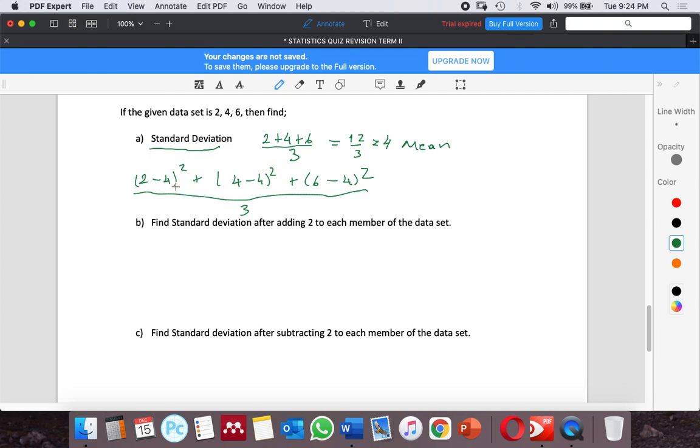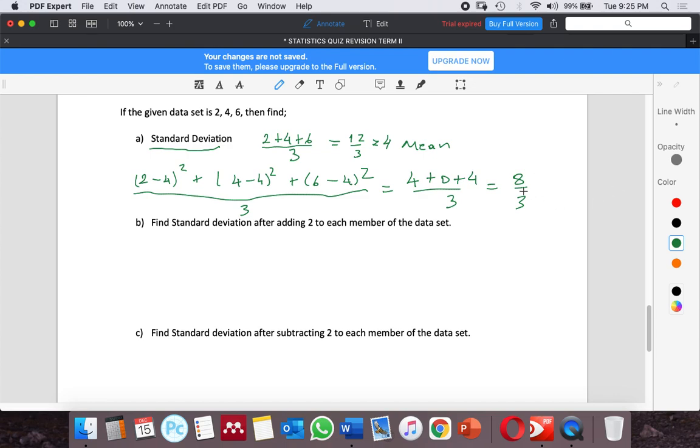And then this result: we can calculate 2 minus 4, negative 2, to the power of 2 will be 4. And this is 0. And this is 6 minus 4, which is 2, squared is 4, divided by 3. So 4 and 4, 8 over 3. You know that 8 over 3 is the variance.